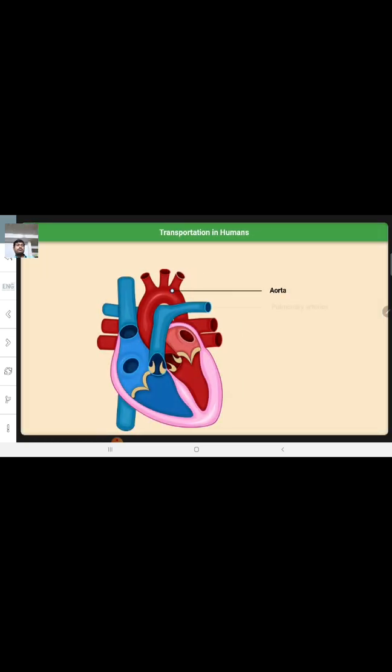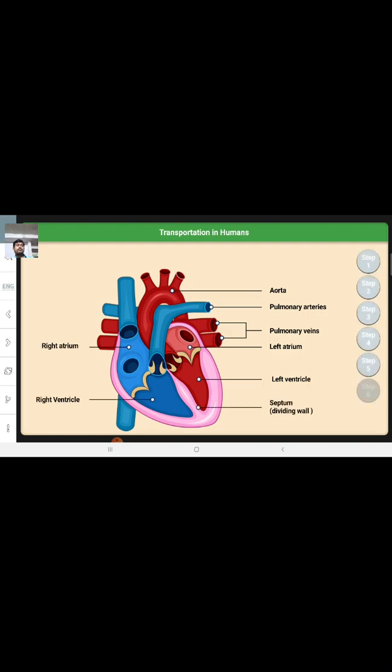Tap on the steps in the sequence to understand the transportation of oxygen and carbon dioxide through blood.